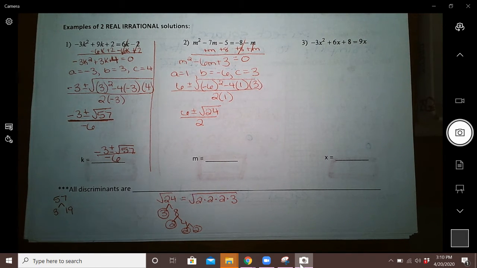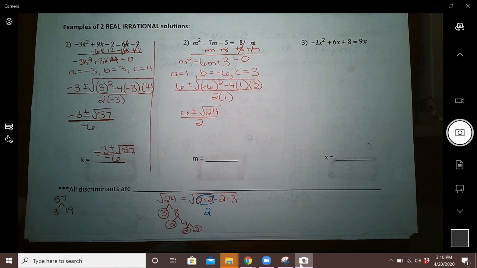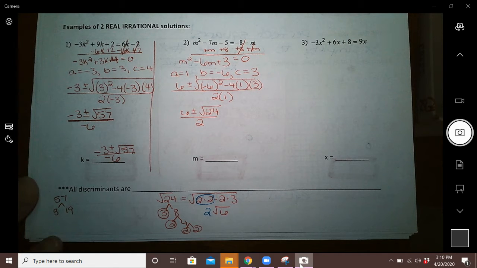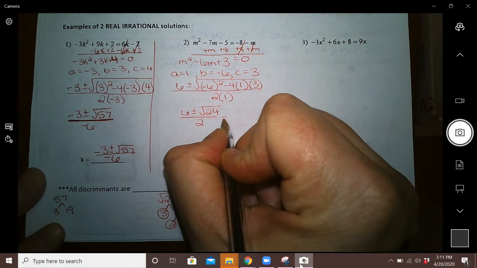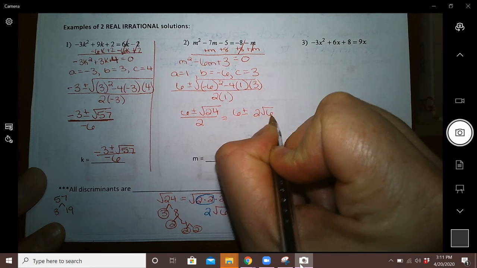If I'm looking for pairs, I have a pair of 2's, which can be written out front, and I can put the 2 times 3 back inside the radical. So 2 times the square root of 6 is the simplified form of the square root of 24. 2 times the square root of 6.